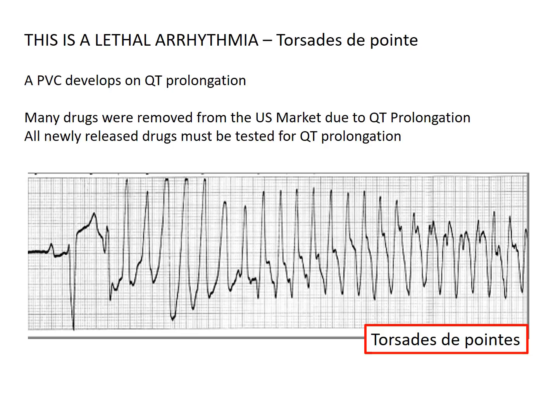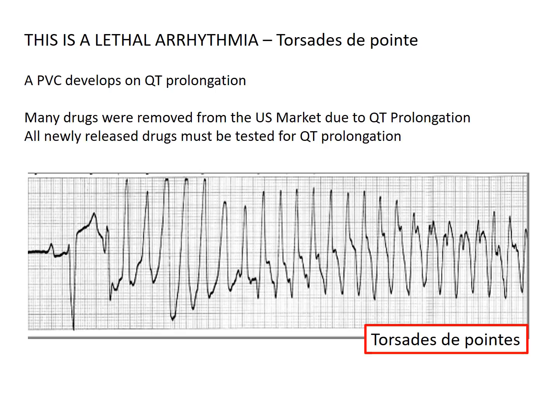Not quite VFib, but again, very chaotic in terms of the electrical activity. Torsades de pointes, even though it looks a little bit more organized than VFib, you still are not getting cardiac output in an individual in torsades de pointes. So this can be lethal very, very rapidly.